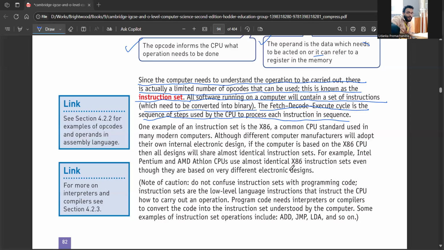There can be many different electrical designs, but they use the same method. So that's one example of an instruction set, x86, a common CPU.